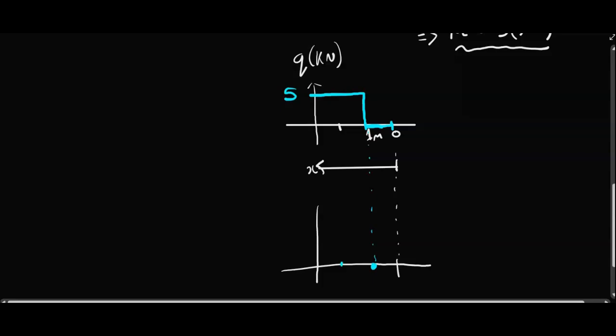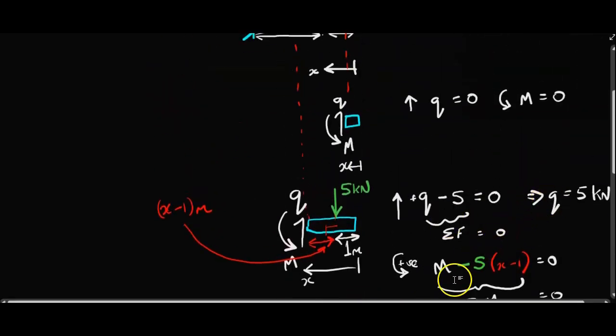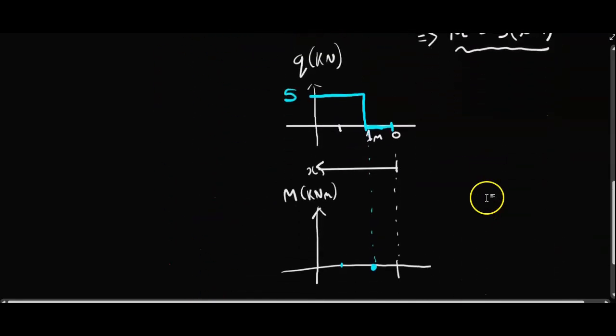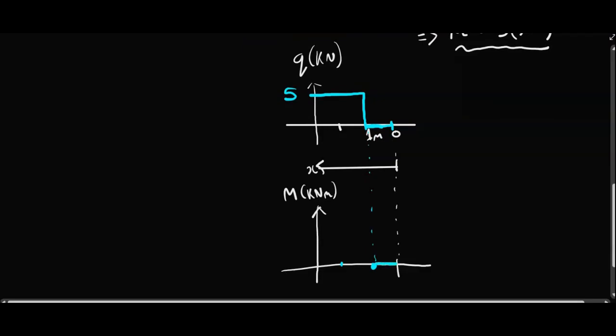Right, and this is going to be our moment, and the units are going to be kilonewton meters in this case. So the same thing happens at the start, the moment was 0, wasn't it? If you remember here, the moment was 0. So that's the easy bit, we can just put that in there.